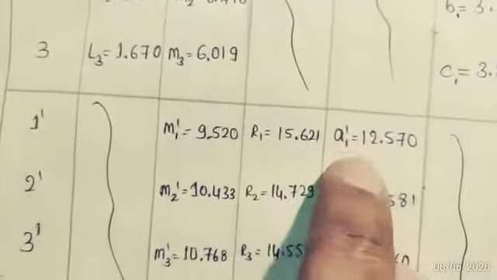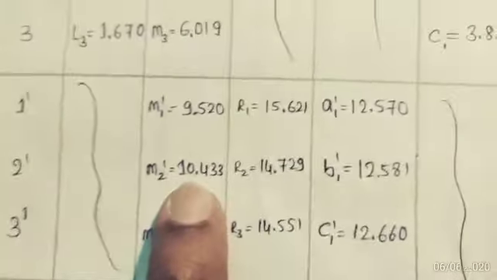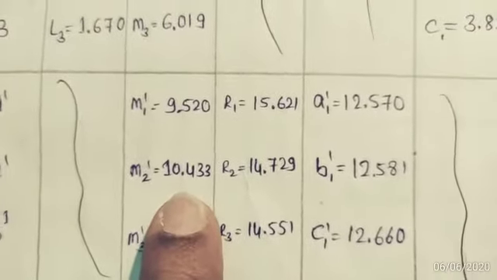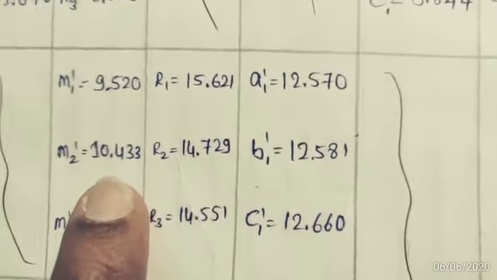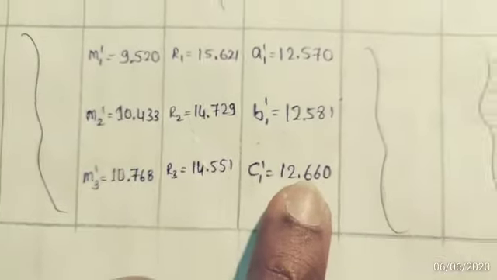I am going to call that one as A1 dash. Similarly, (10.433 plus 14.729) by 2 is B1 dash, that is equal to 12.581. C1 dash is equal to 12.660.